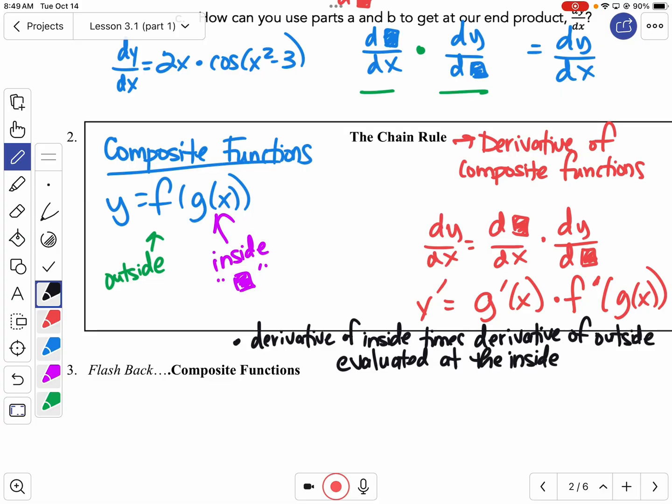Okay, I think you're going to see why here in just a few minutes when we start working with some of these, why we spend so much time looking at them, because so many things come out as a composite function versus something else.